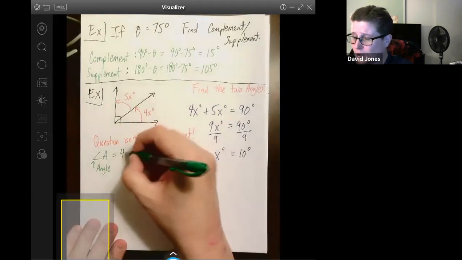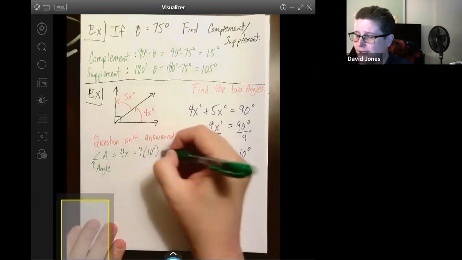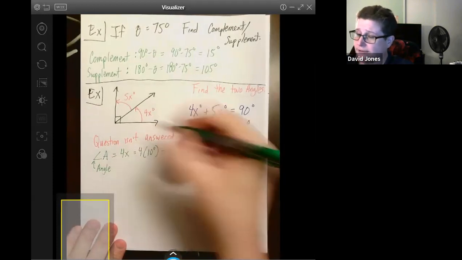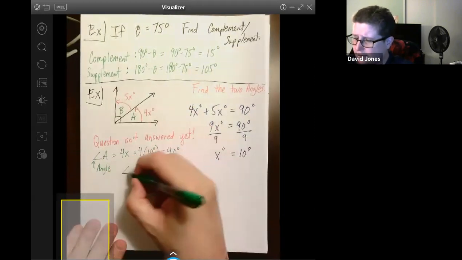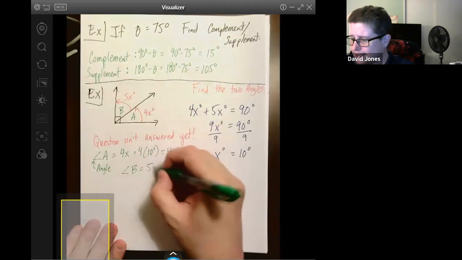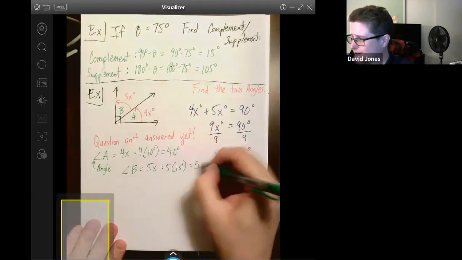Angle A is 4x, which is 4 times 10 degrees, which is 40 degrees. And angle B is 5x, which is 5 times 10 degrees, which is 50 degrees.